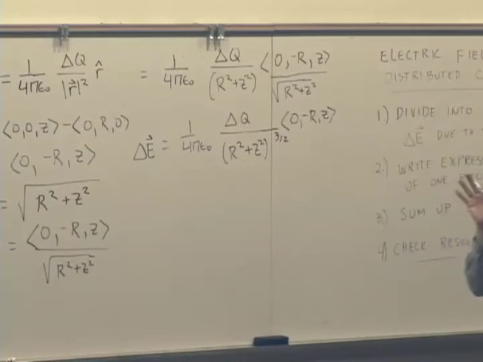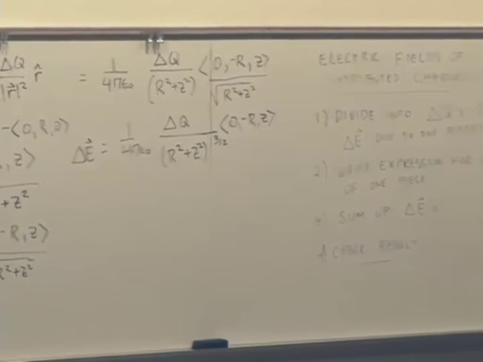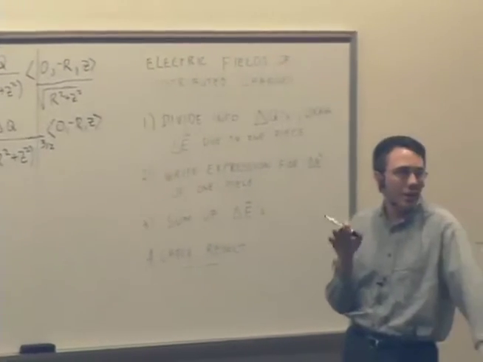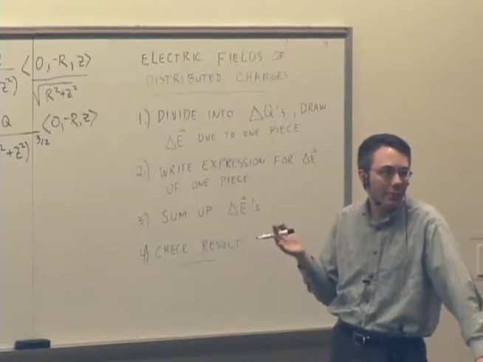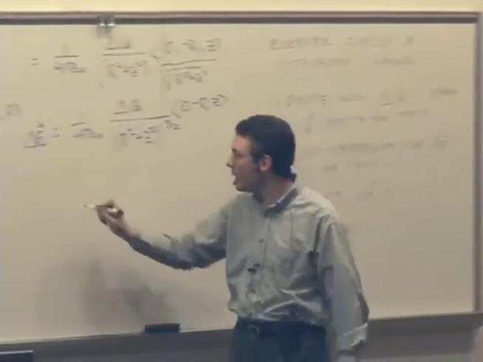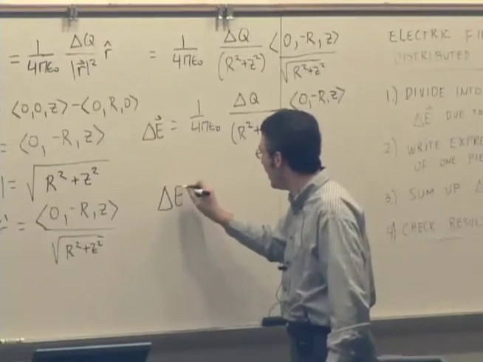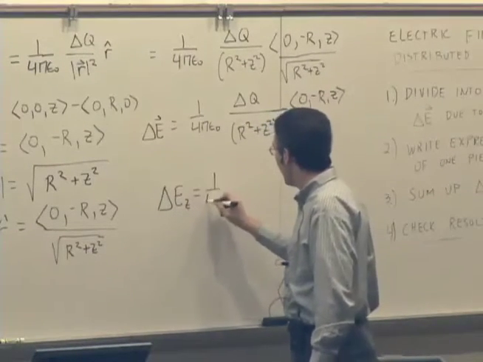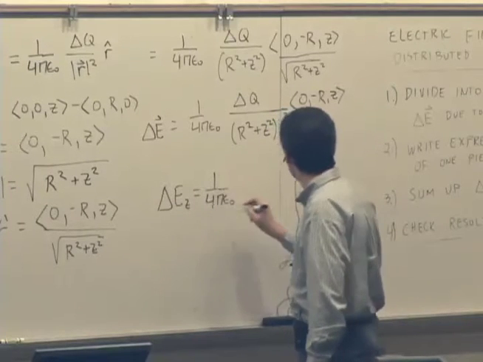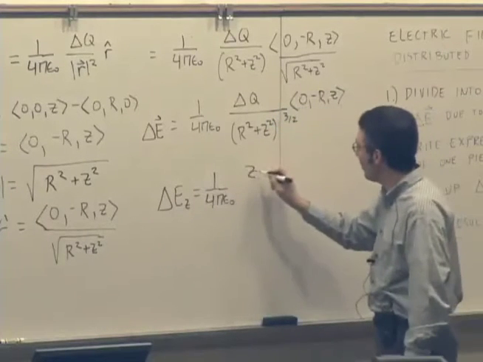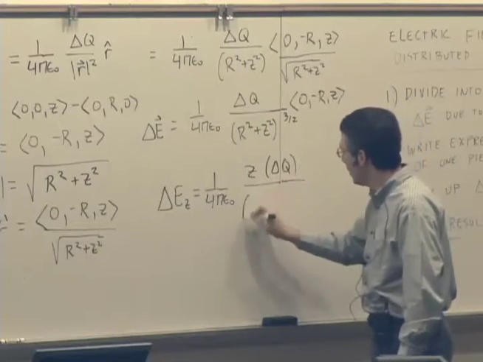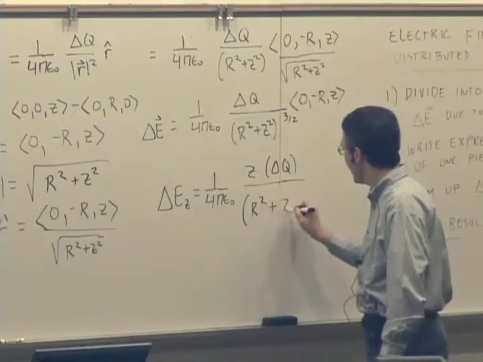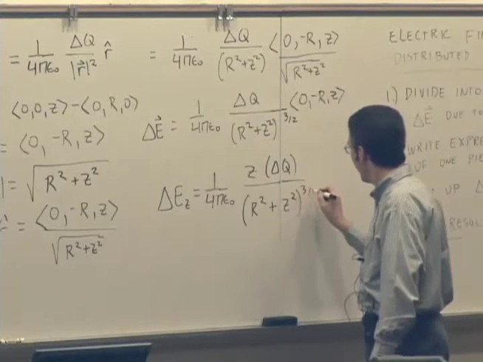Are we okay so far? So we already said that only the z component matters because all the x and y components are going to cancel out. So I'm just going to worry about the z component. And the z component of this, delta E sub z, is 1 over 4 pi epsilon 0 times z times delta Q over R squared plus z squared to the 3/2 power.